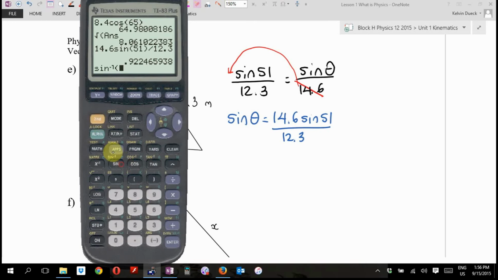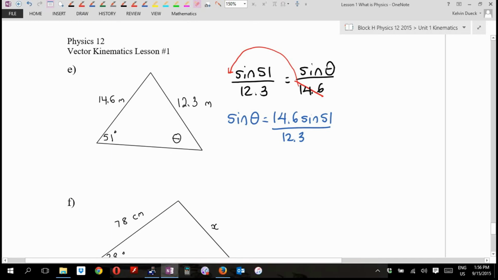So shift, sine, answer. And I get 67.3 degrees. By the way, can I be a little bit nerdily fussy? Look up. If you did this, I would give you a frowning face because what you're saying is that sine of theta equals 67.3.